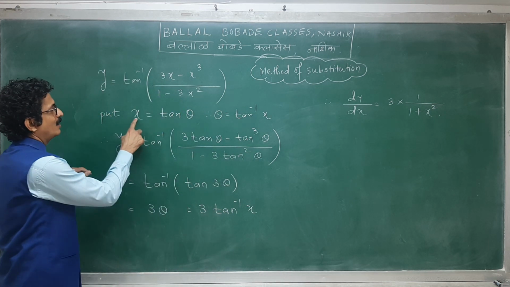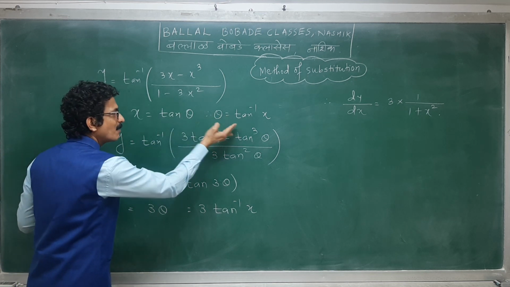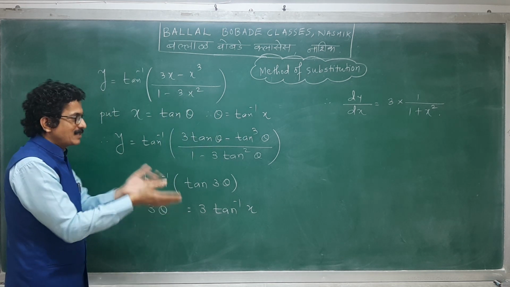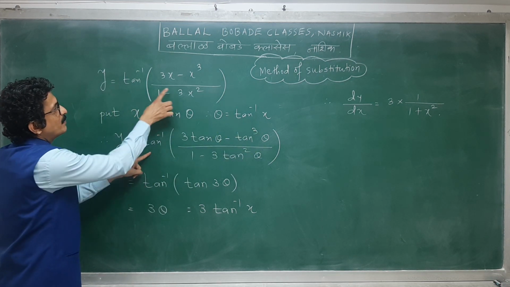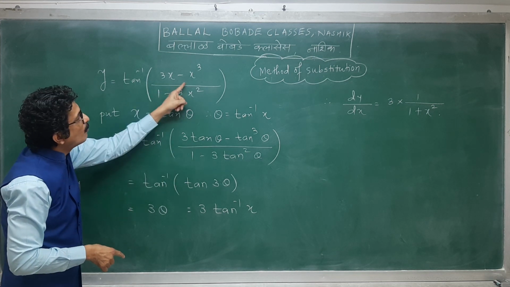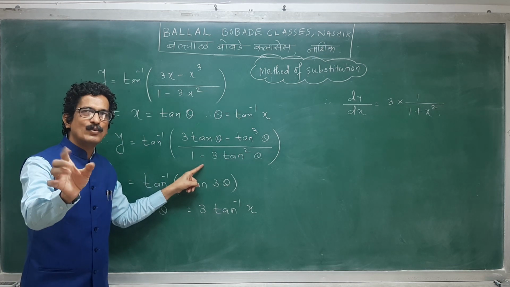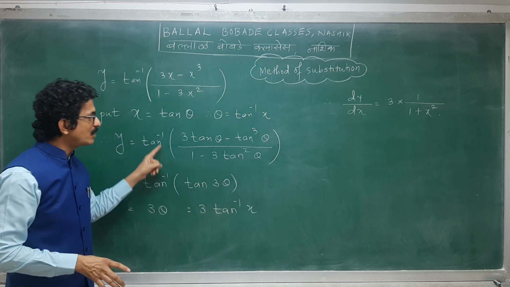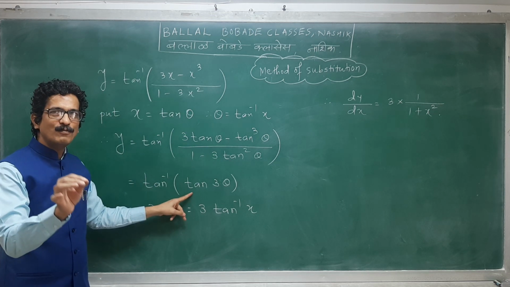Look at the expression. If you put x equal to tan theta, obviously theta becomes tan inverse of x. x is tan theta, theta is tan inverse x. What does this become? Tan inverse of 3 tan theta minus tan cube theta upon 1 minus 3 tan square theta. I know that this is a known expression and this is the formula for tan of 3 theta.